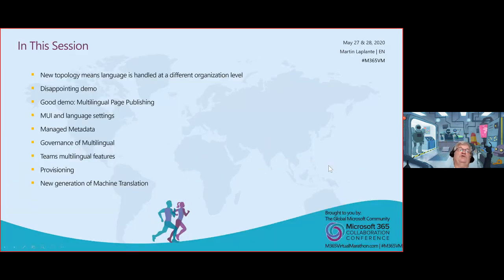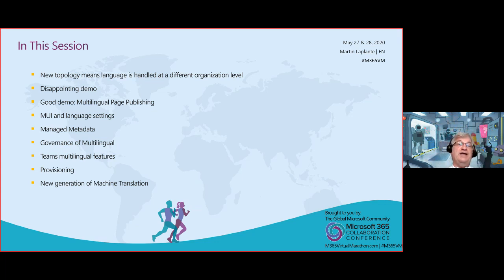So in this session, I'm going to talk about a bunch of stuff. And what might happen is that I run out of time and skip some of the last things. I always have more stuff than I can fit in 50 minutes. So we're going to talk about the new topology, which means that language is being handled at a different organizational level, and what that means in terms of governance. I'm going to give a very disappointing demo. I promise you will be disappointed in this first demo of a feature that doesn't work like you might think that it does.